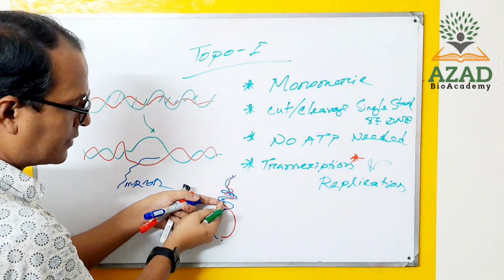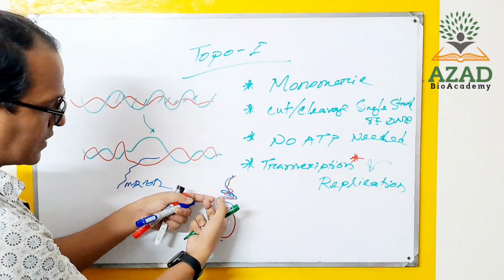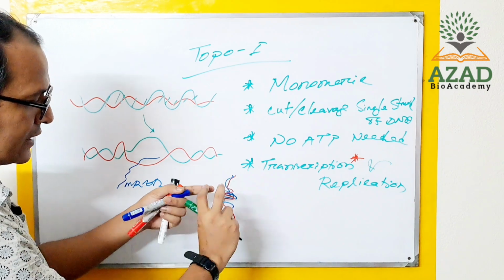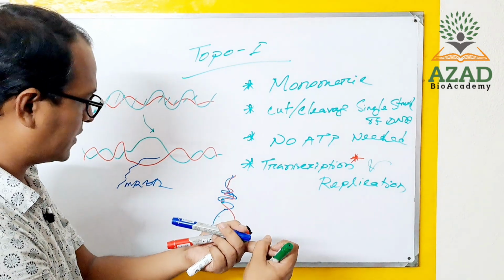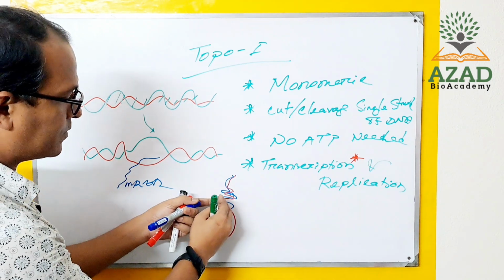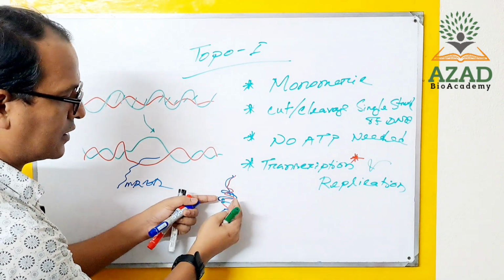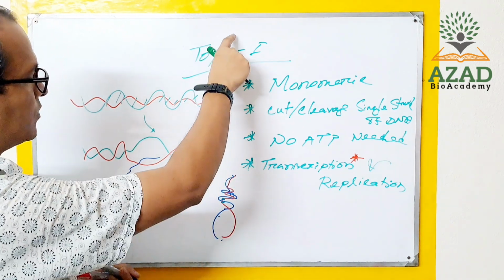So now, what will happen? It will cut a single strand and uncover it, remove it from the inside to outside, and then it will ligate again. Again it will join. And it will solve the problem of the tangle, or you can say supercoil. Negative supercoil will be resolved by that topoisomerase 1.